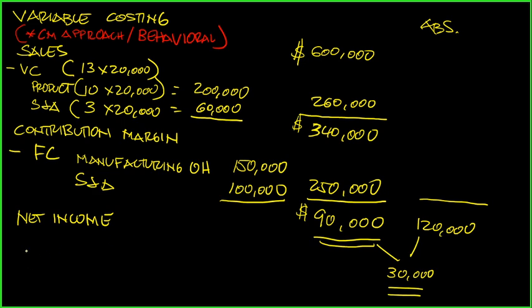Under absorption costing, when we produced 25,000 units, we incurred $150,000 of fixed overhead, and this 150 is allocated to your 25,000, which means there is 150 divided by 25.